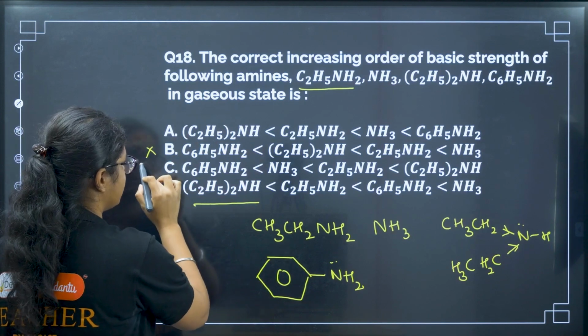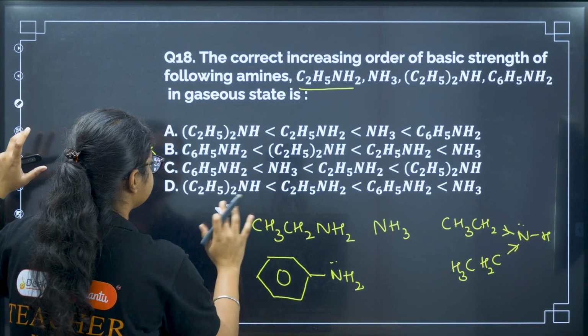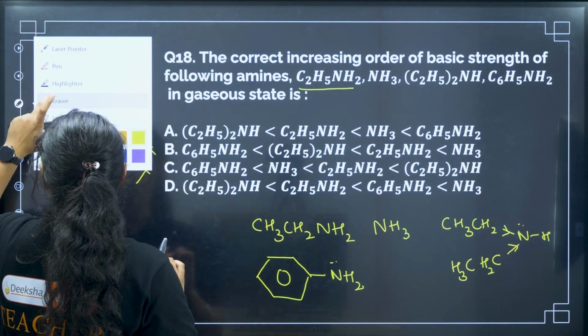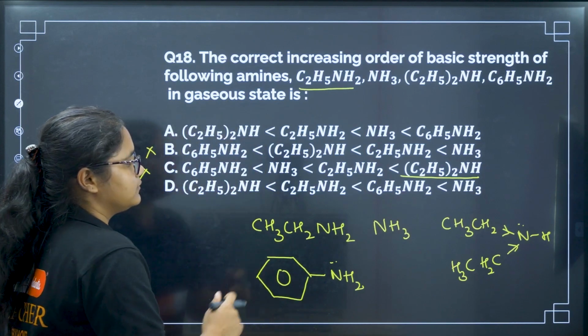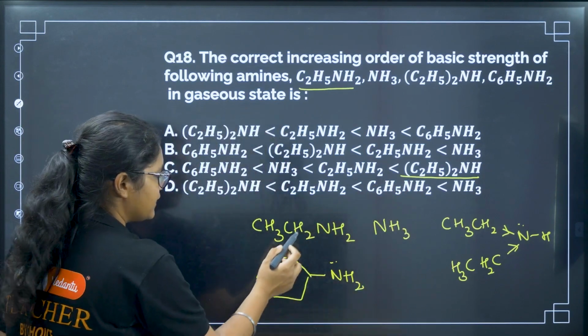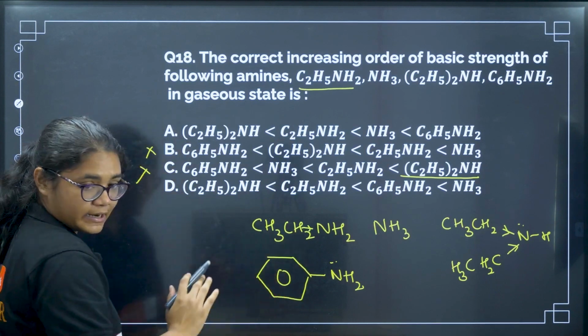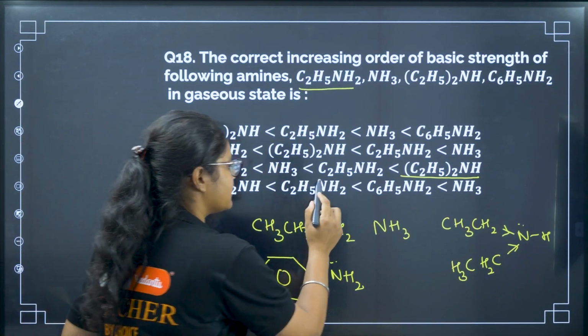So we can eliminate these two options. Only one option is there where diethylamine is given as the highest, so that will come last in the increasing order. Then you see here only one group is there but it will donate electrons, so here also the electron density will increase, so this one will come next.